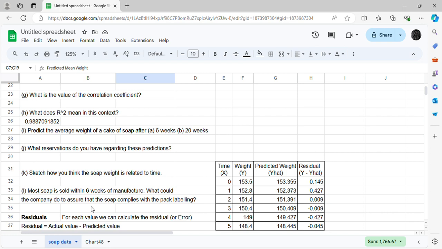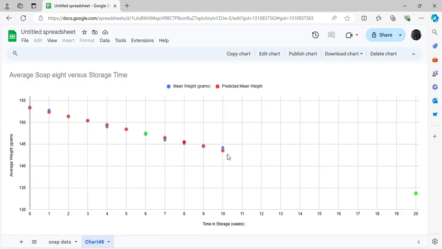Well, in 6 weeks, we can see that the soap weight decreases to about 147.46, which is a 3 grams loss.